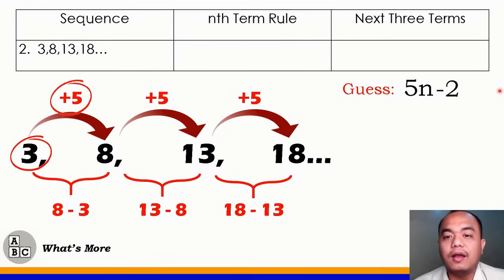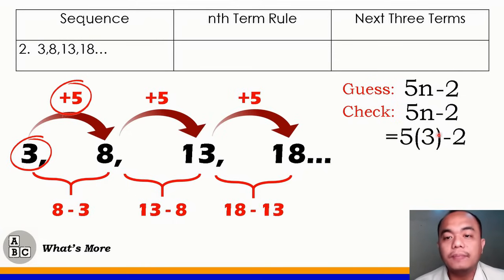Understood? Okay, let's check if our guess is correct. So we have 5n minus 2, and then we will find the third term. So we will replace n here by 3. So pagkatapos nating ma-solve ito, we should get 13. Because our third term here is 13.